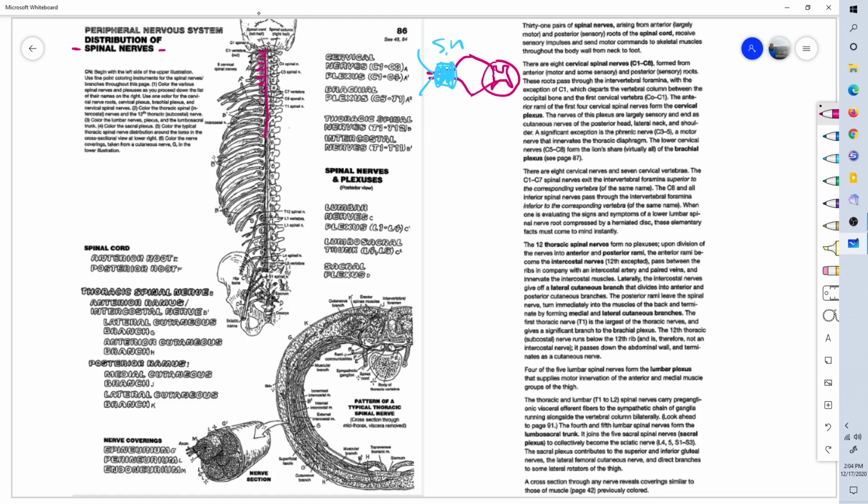So these are the nerves coming off of the spinal cord. They're called spinal nerves. But they're only called a spinal nerve for this little section right here. And when they branch off, they're given a new name.